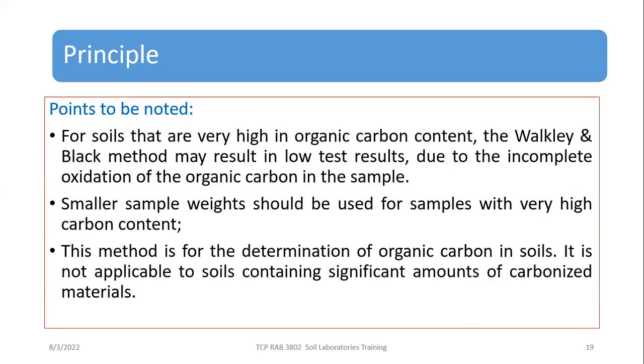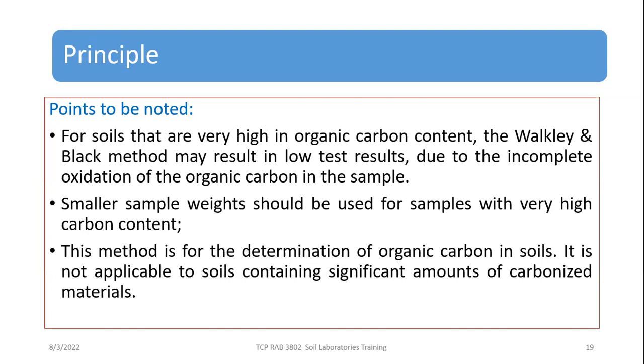Also, it is very important that a soil with very high organic carbon content will give a low test, because the added amount of potassium dichromate cannot be sufficient to oxidize all the organic carbon due to incomplete oxidation.